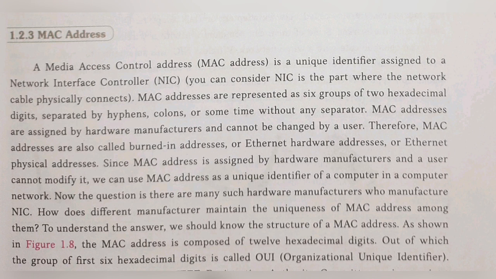When you are using internet from your mobile, then your ISP also records your MAC address or device address, so they know what type of device you are using and which device you are using.